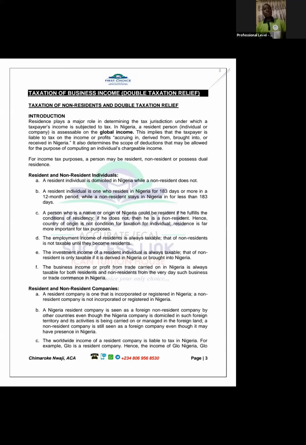And coming back to Glo, the only tax that Glo will suffer from South Africa is the one they did on South African soil. Now, when they suffer tax from South African soil and bring it to Nigeria, they are still going to suffer another tax for bringing it to Nigeria. Hence the name double tax.